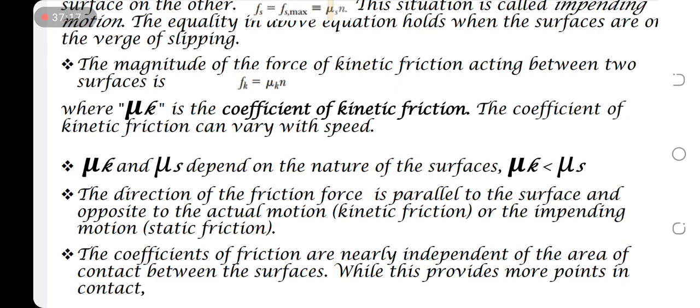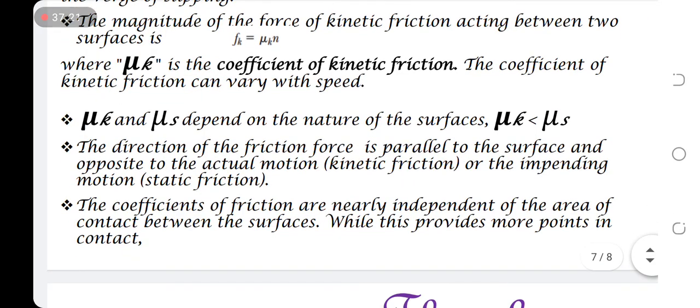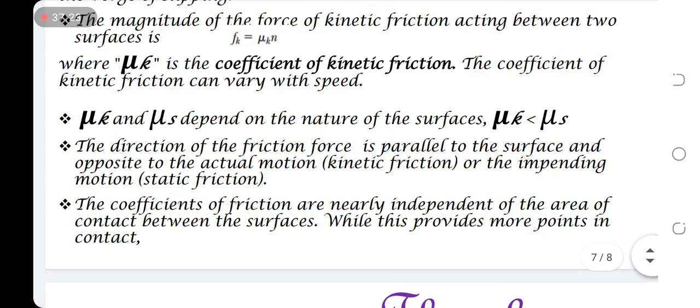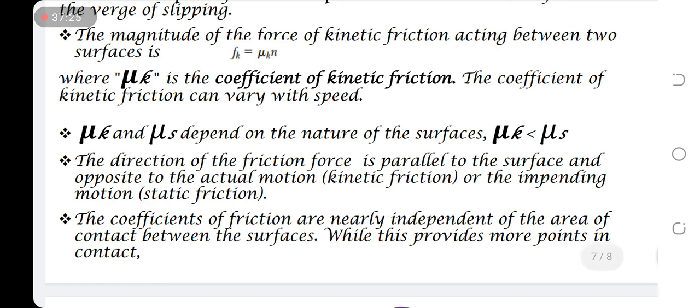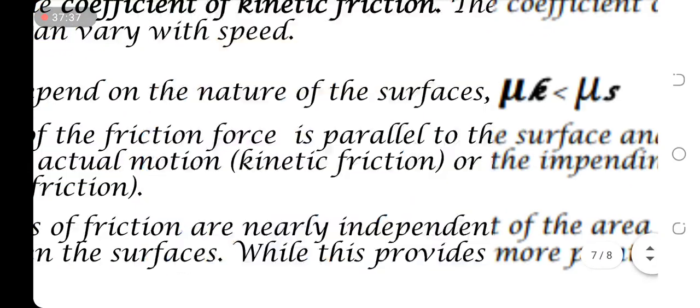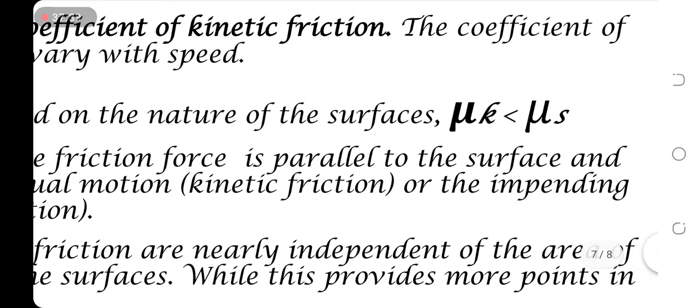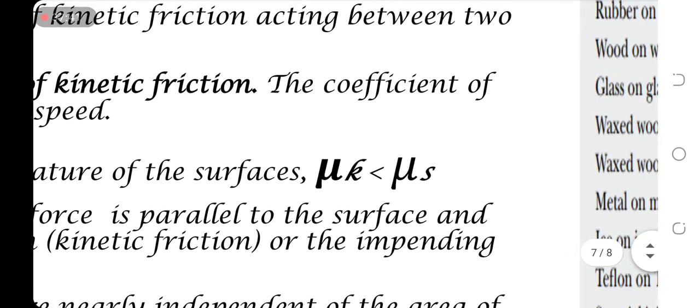The coefficient of kinetic friction can vary with speed. Some more observations: mu k and mu s depend on the nature of the surfaces, but normally mu k is less than mu s.